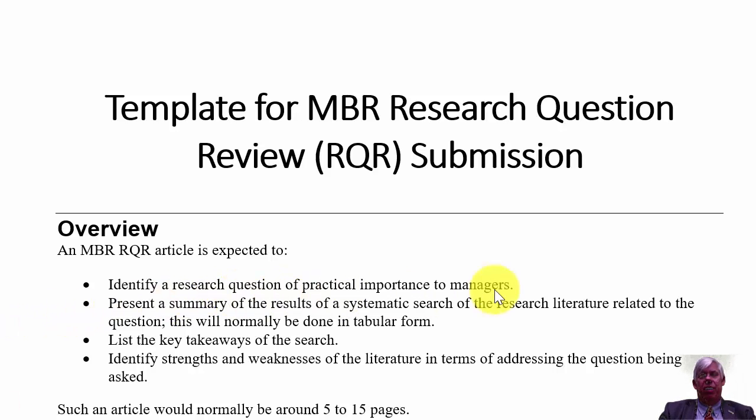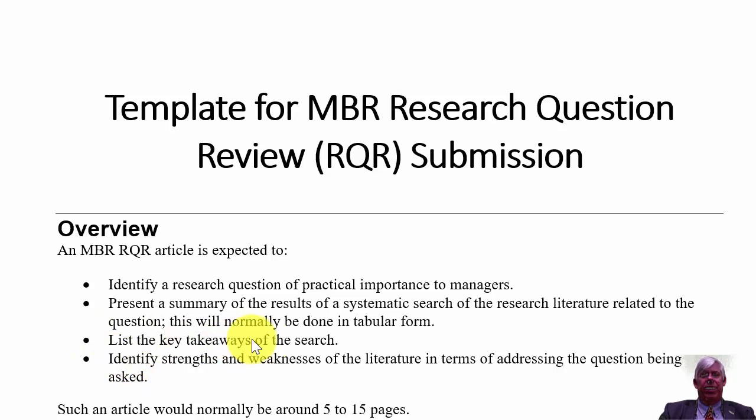It presents a summary of the results of a systematic search of the research literature that relates to that particular question. And normally you're going to present this in tabular form so that a reader can very quickly go through and get a sense of what all the different conclusions are that might be associated with this research.